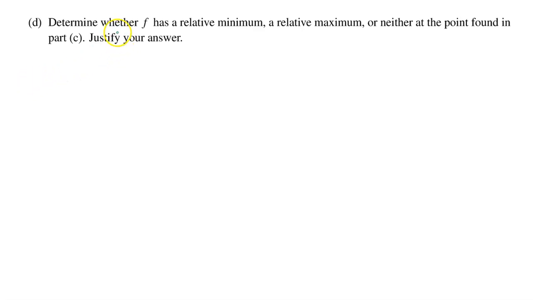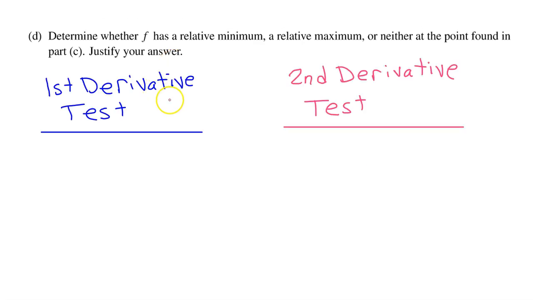Part D. Determine whether f has a relative minimum, a relative maximum, or neither at the point found in Part C. Justify your answer. We have learned two ways to identify the location of a relative max or min. One is called the first derivative test, and the other is the second derivative test.